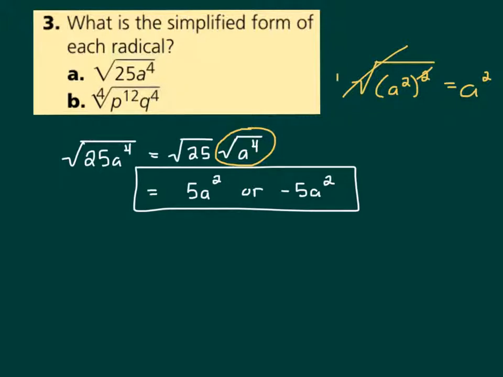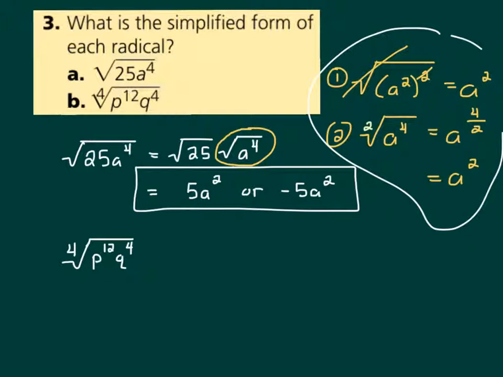That's one way of thinking about it. Another way of thinking about it is saying it's the square root of a to the fourth, meaning this is a 2, because if there's nothing written there, it's an implied 2. And you can think about this as a to the 4 divided by 2, and 4 divided by 2 is 2.